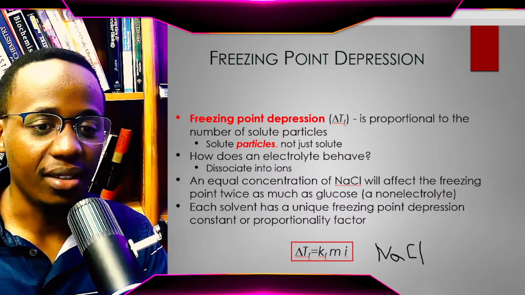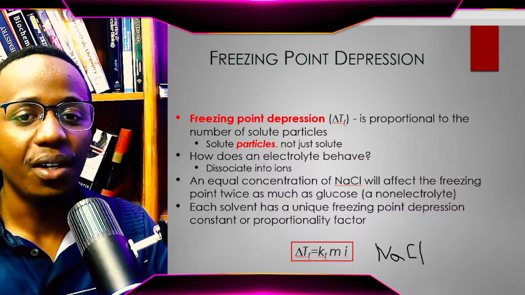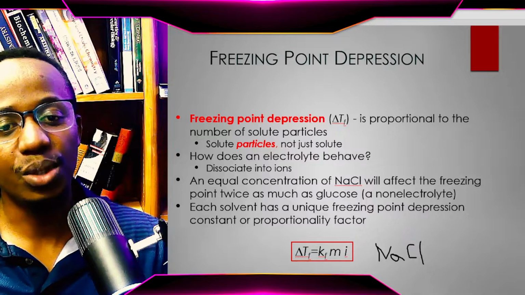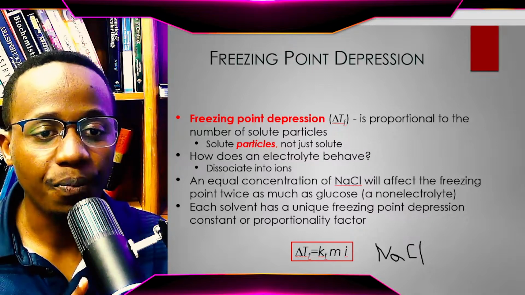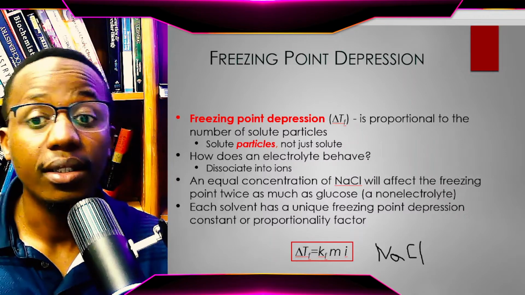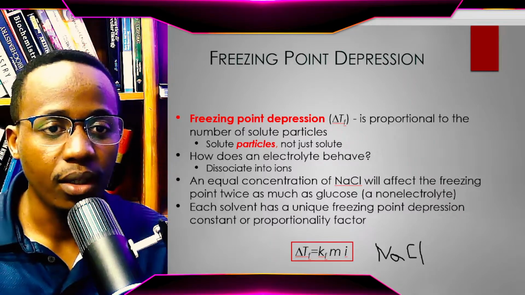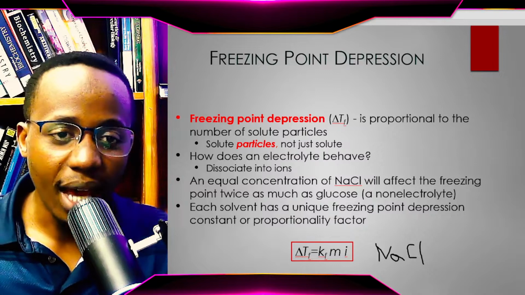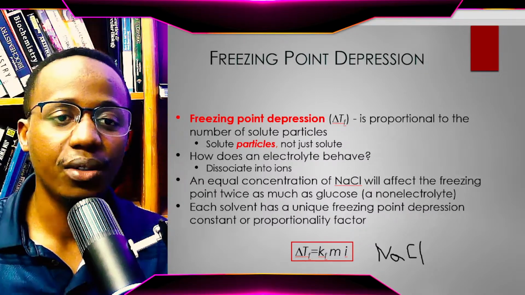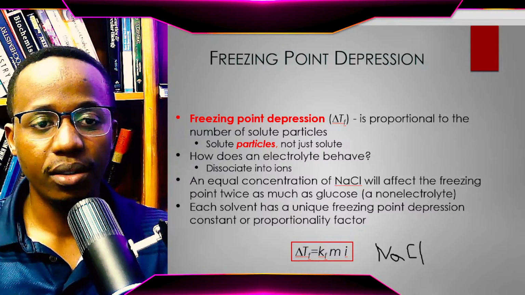These are ions, and there will be two of them. So NaCl, even though it's one compound, it's going to result in two particles. So I for NaCl is 2. So when we have ionic compounds, we're going to have a different number of particles.